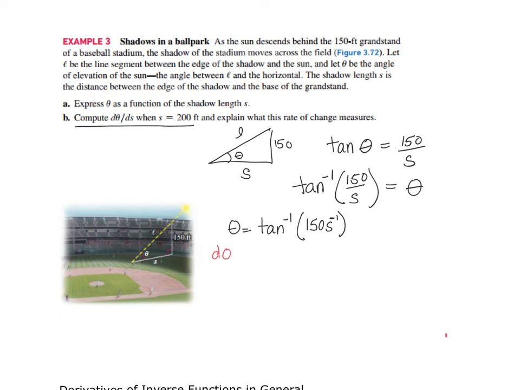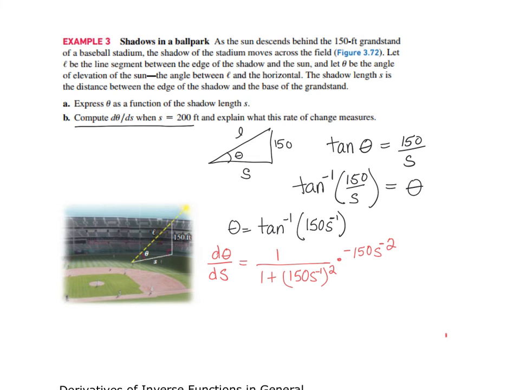So differentiating with respect to S, I'm going to get 1 divided by 1 plus 150 S to the negative 1 squared, so 1 over 1 plus x squared, times minus 150 S to the negative 2.